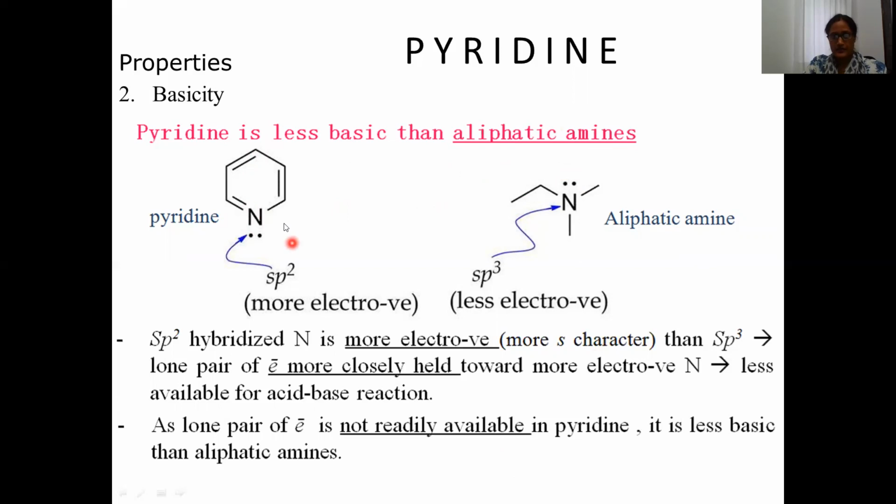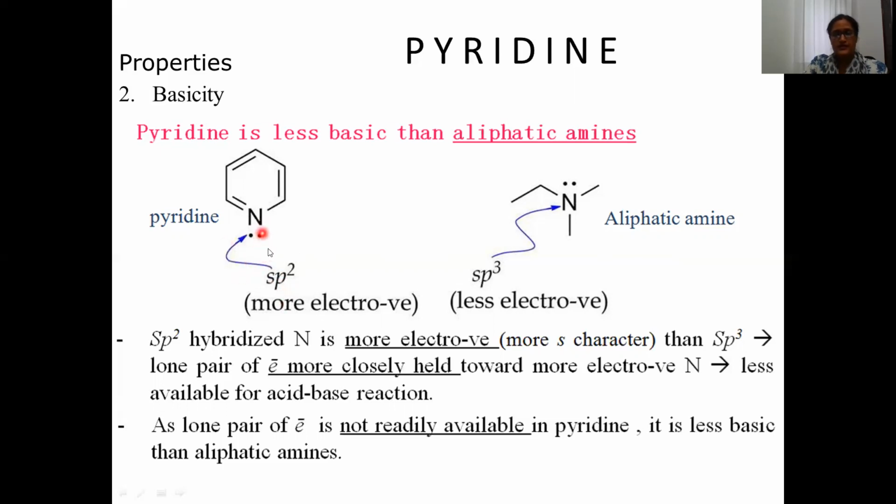The pyridine nitrogen contains sp2 type hybrid orbitals containing the lone pair of electrons, which have more s character.